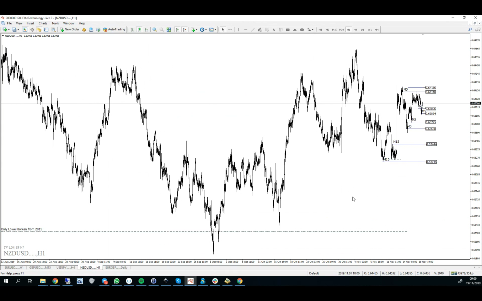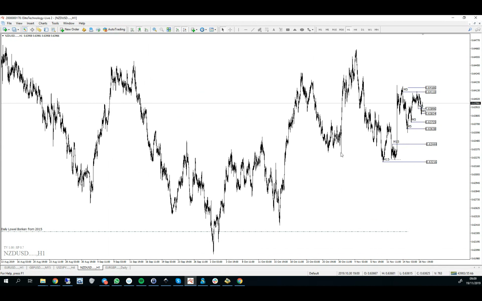We can see that price is ranging and being pushed down every time it tries to achieve something. Although we had these very strong spikes going up, these poles, price is still chasing and crawling back to make lower lows.